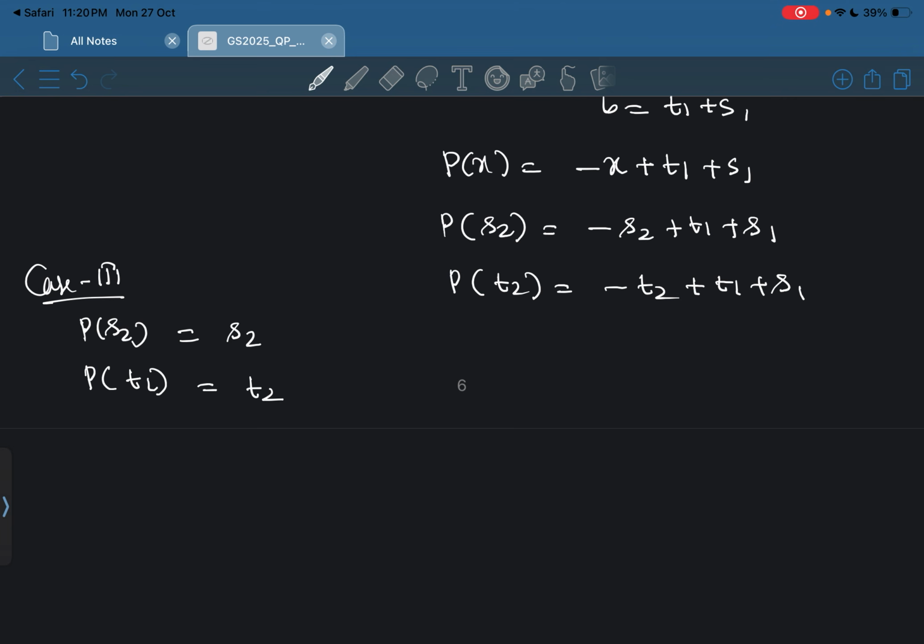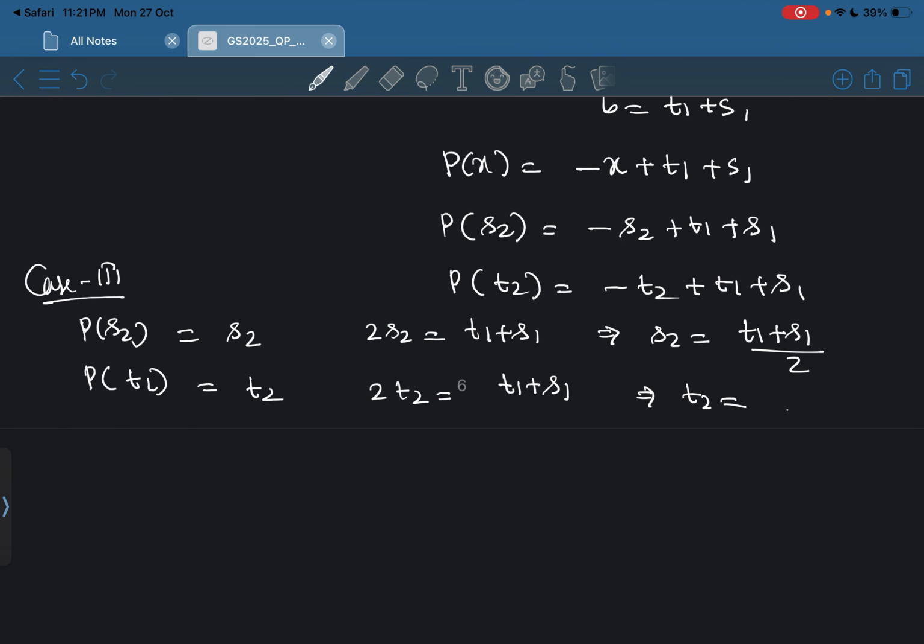If P of s2 equals s2, then 2 s2 equals t1 plus s1, so s2 equals (t1 plus s1) by 2. And 2 t2 equals t1 plus s1, then t2 equals (t1 plus s1) by 2. But that is a contradiction because s2 and t2 are distinct.